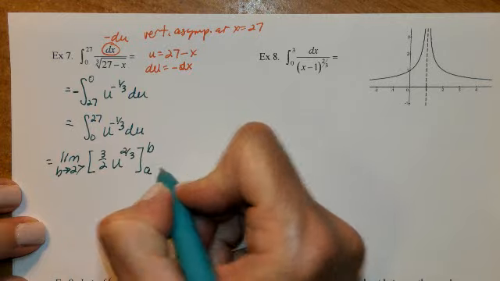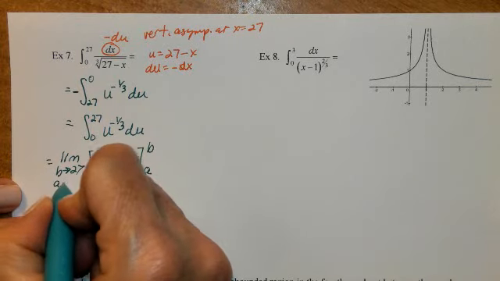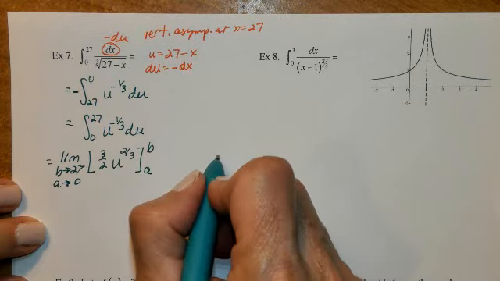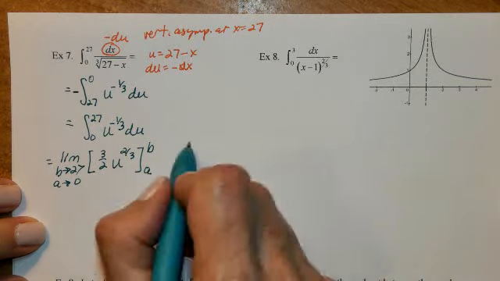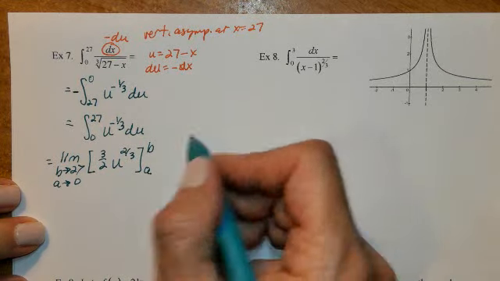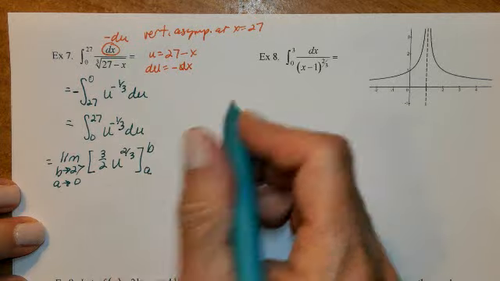So I should be doing this: a goes to 0, 27 is okay, right? But this also works. Still a limit. I mean, limit is fine. It's just that we could have put 27 right there.